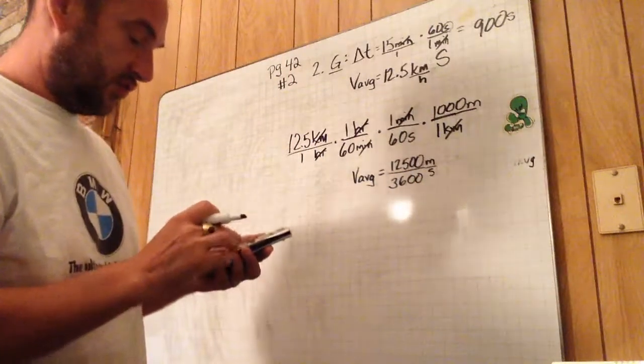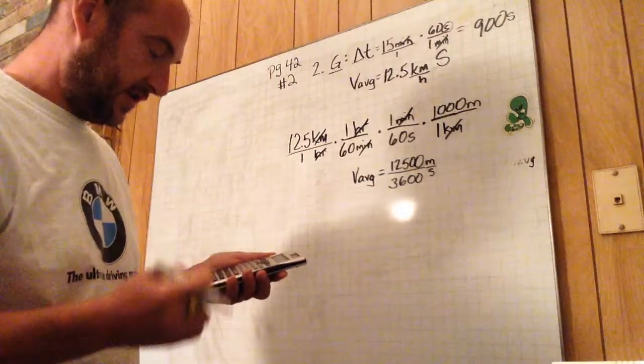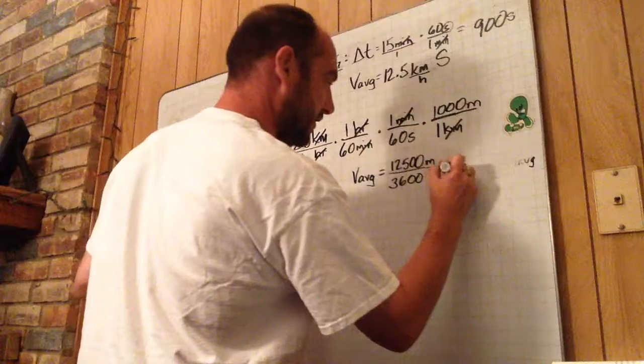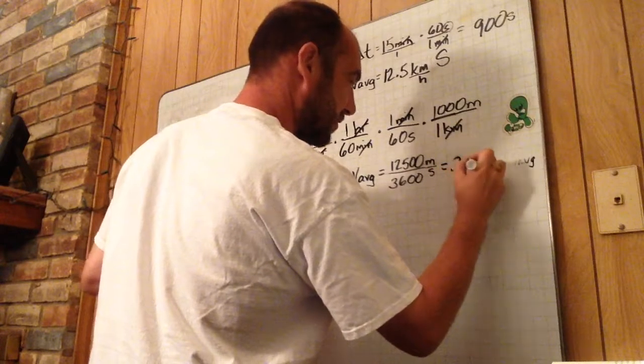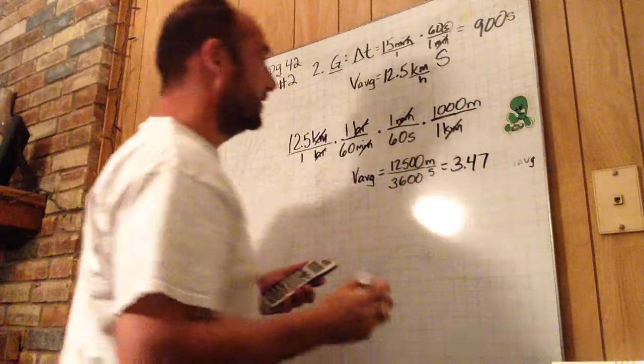All right. 12,500 divided by 3,600 equals 3.47.